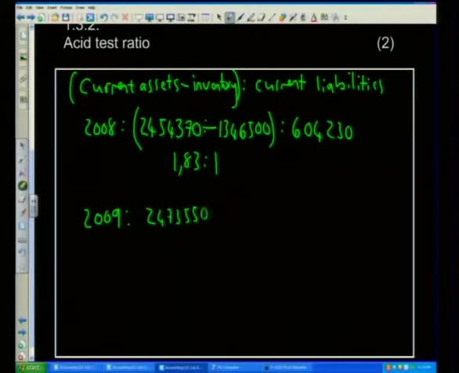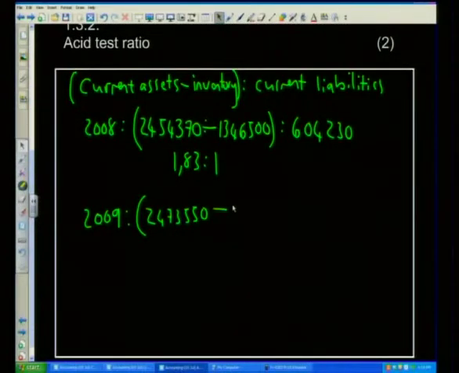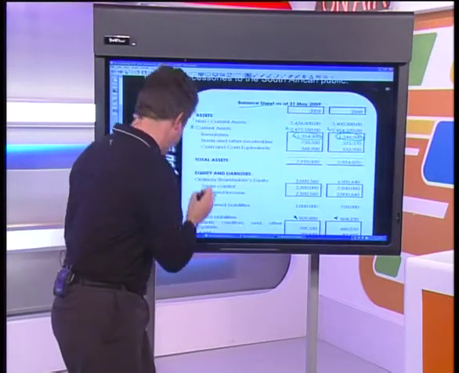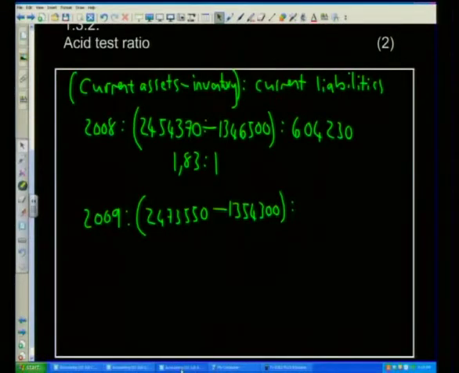And from that, I'm going to have to subtract, once again, my inventory for the year, which was 1,354,300. That answer I'm going to put as a ratio to my current liabilities. You know where to find them. They're at the bottom of the page here. 909,890 were my current liabilities for the year. So let's put them there. 909,890.